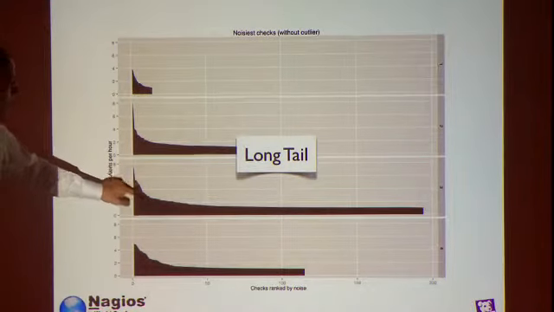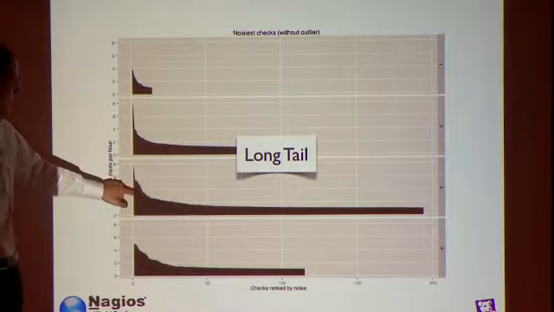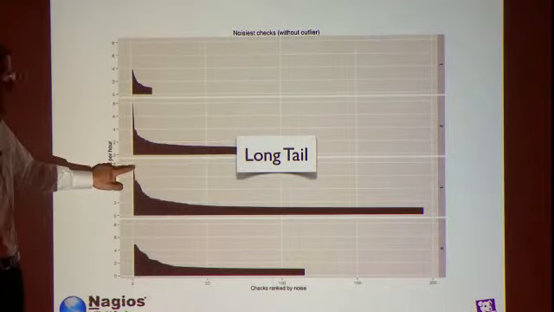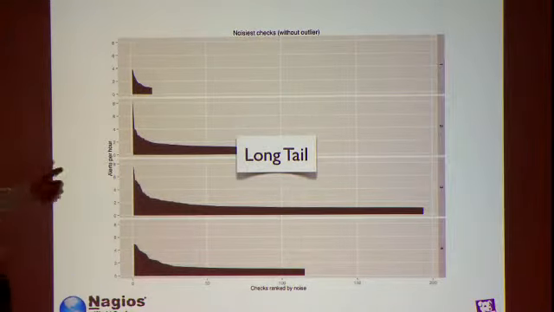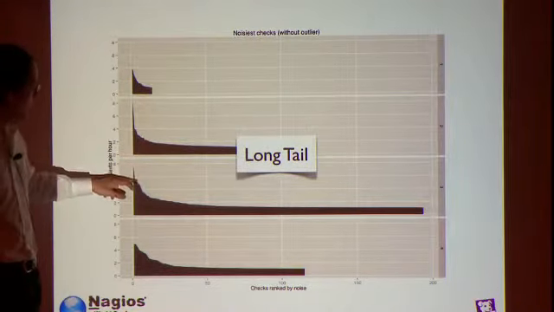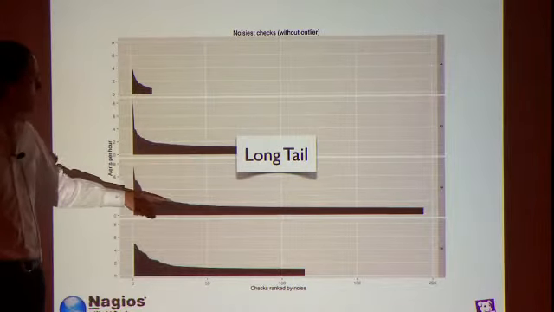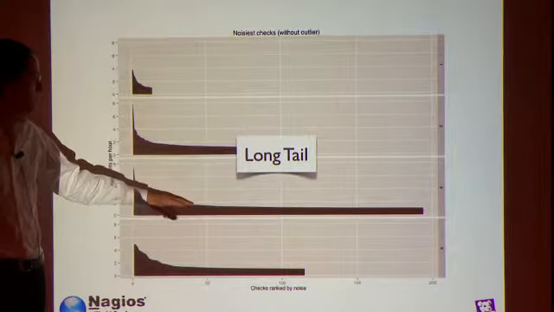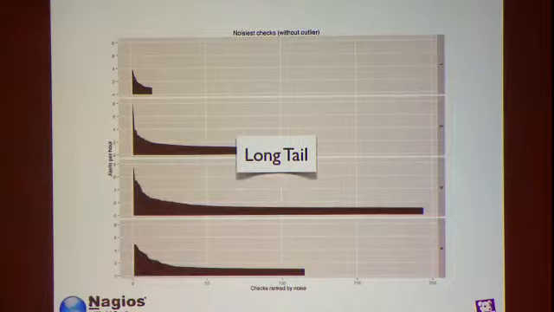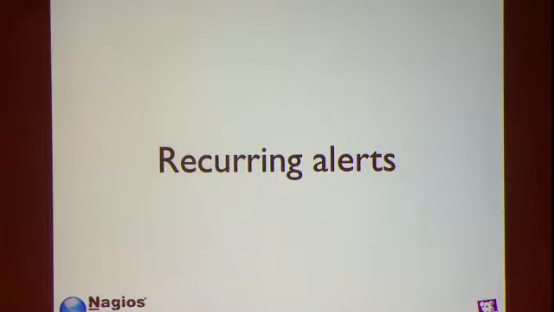As you go down, figuring out exactly why they're sending you notifications, the more time you spend, you're not going to get as many returns on your time spent. So return on the investment, as it were.